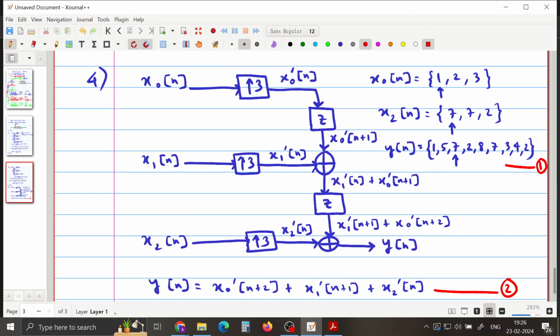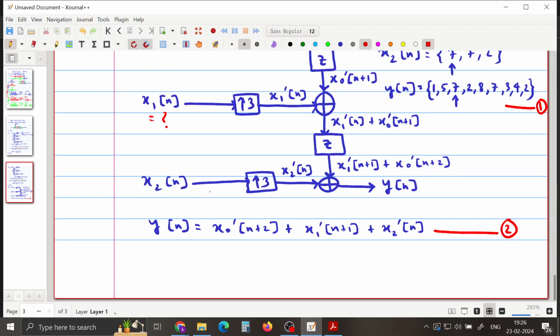Now x1 of n is the one which we need to find. We know x0, we know x2, we know y, we need to find x1 of n.